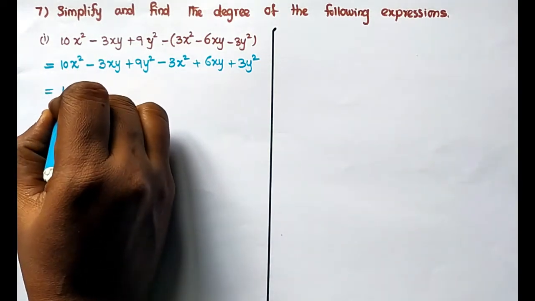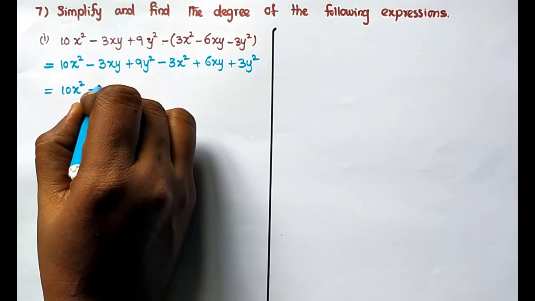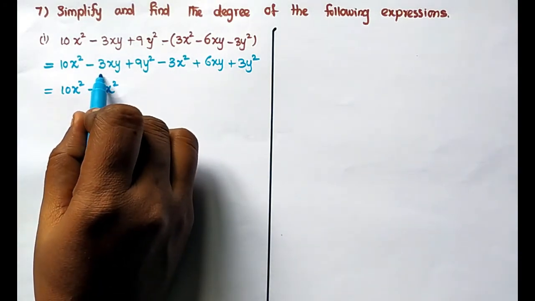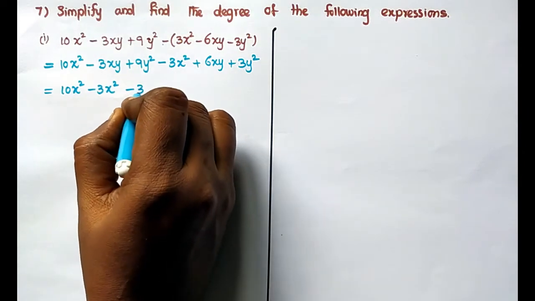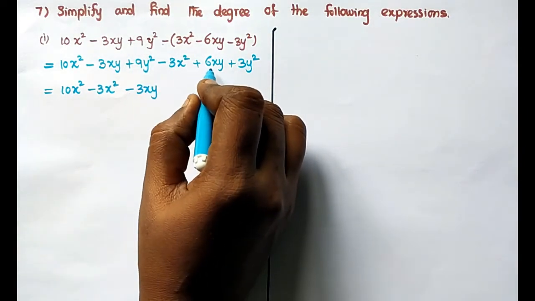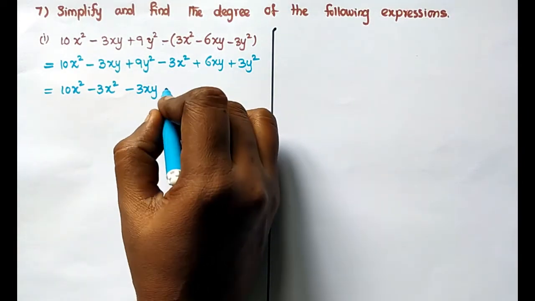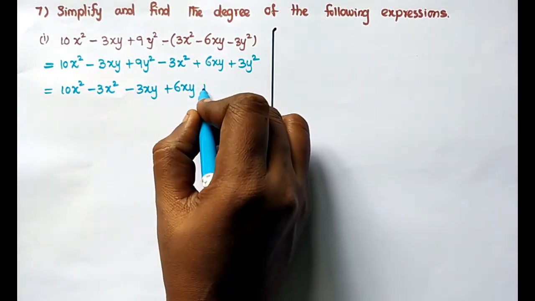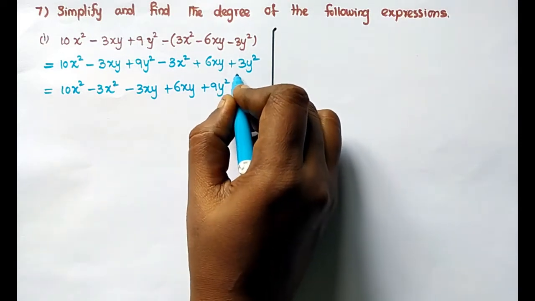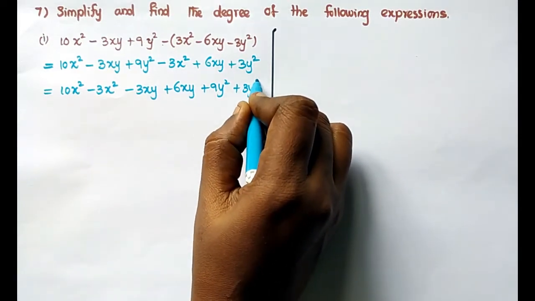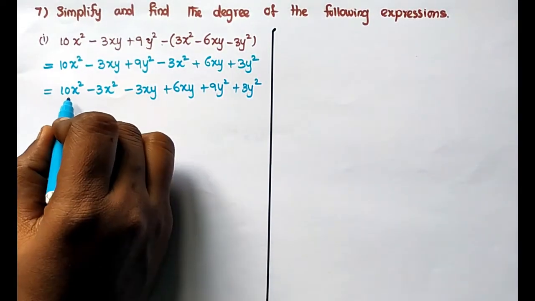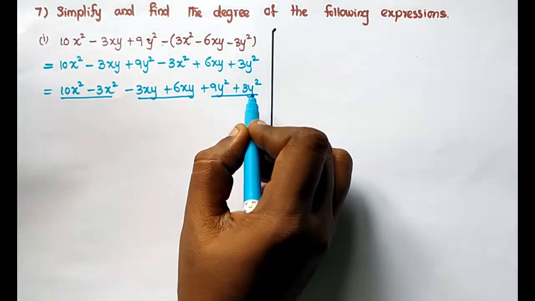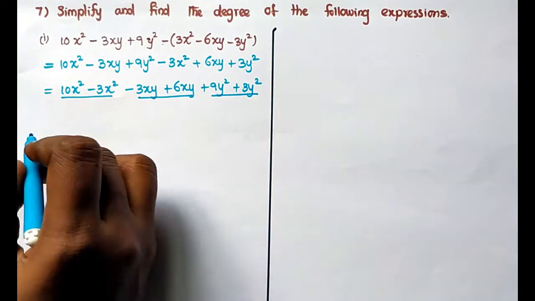So write down, and then xy terms minus 3xy, and one more xy term is plus 6xy, and plus 9y squared plus 3y squared. Now we want to solve x squared terms, xy terms, and y squared terms, right?